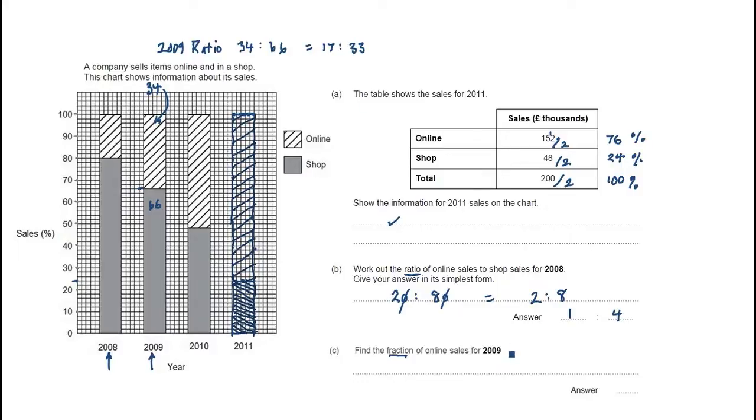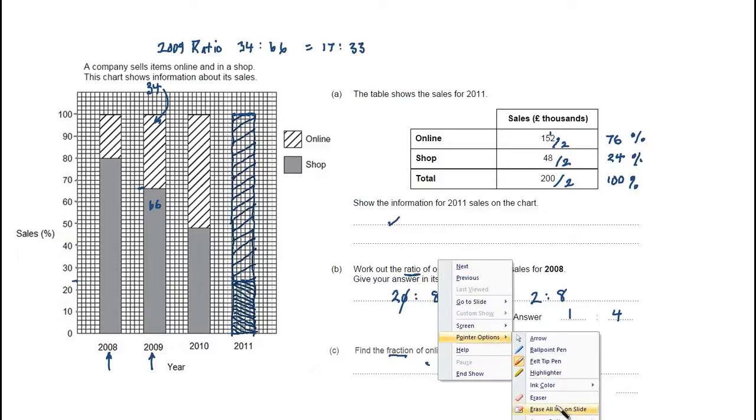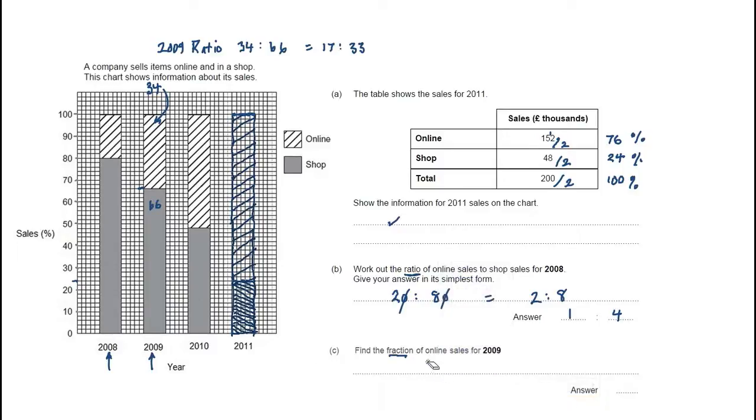And so the fraction of online sales is the number of online sales, so the numerator is going to stay the same. So let's give them the answer and then simplify. If we start with our numerator of 34, then because this is a part to whole ratio, because it's a fraction, it's not 66, it's going to be 100, because the whole is obviously 100%.